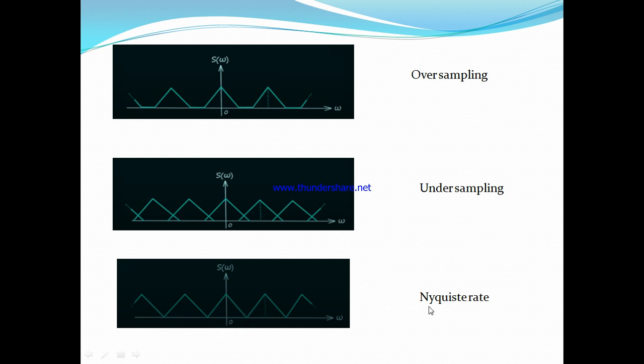So for the oversampling and Nyquist rate conditions only, the message signal can be recovered. For the undersampling condition, the message signal cannot be recovered, because the sampling frequency is less than twice the maximum frequency of the message signal.